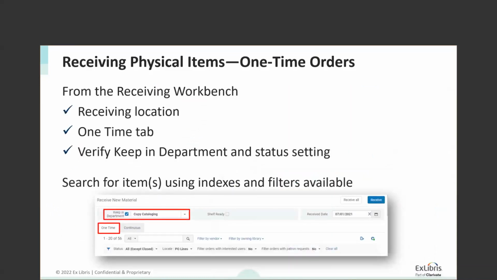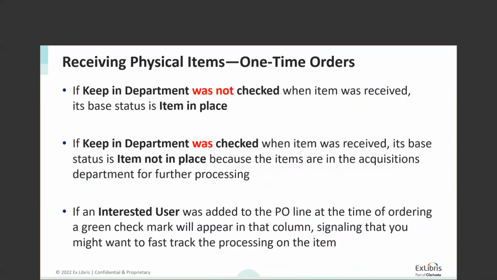Broke my own rule. I did not verify my keep in department and status setting. So if keep in department was not checked when the item was received, its base status is item in place. So Alma already thinks it's on the shelf. And so for certain situations, that's exactly what you're going to want.